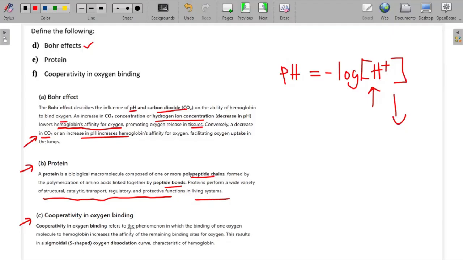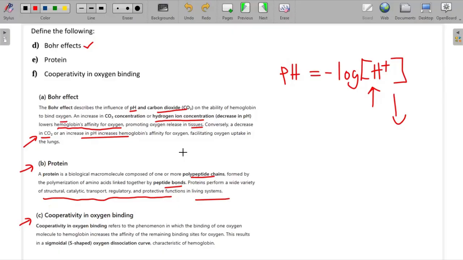Cooperativity in oxygen binding refers to the phenomenon in which the binding of one oxygen molecule to hemoglobin increases the affinity of the remaining binding sites for oxygen. So if one of the oxygen molecules binds to the hemoglobin, there will be an increased affinity for the remaining binding sites so that oxygen can come and bind there as well. No wonder we call it cooperativity in oxygen binding, because it's like the oxygens are cooperating.